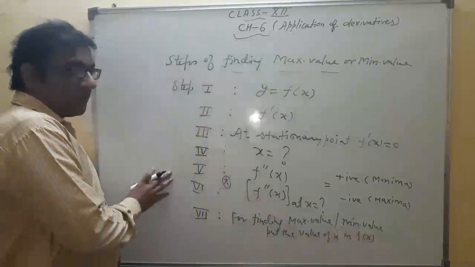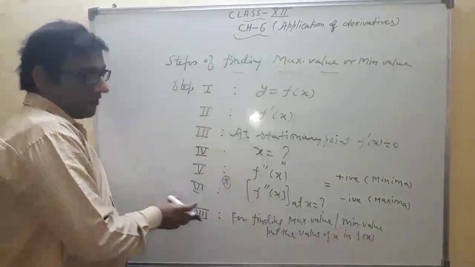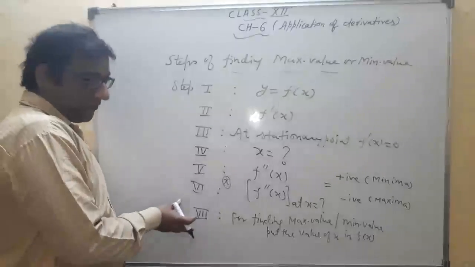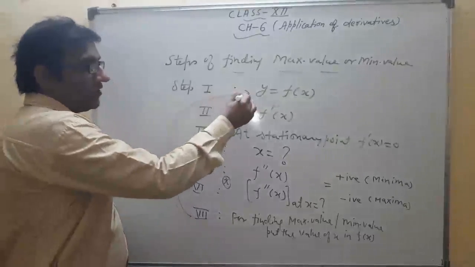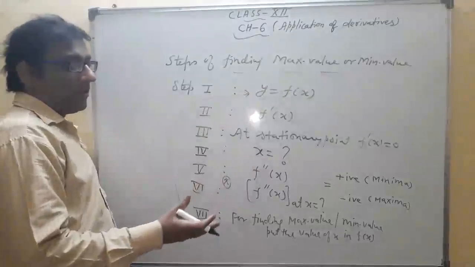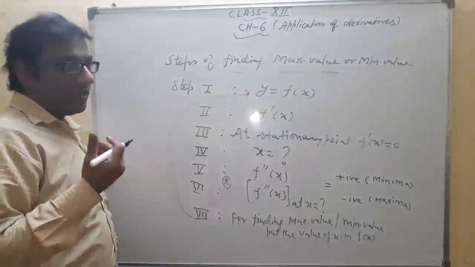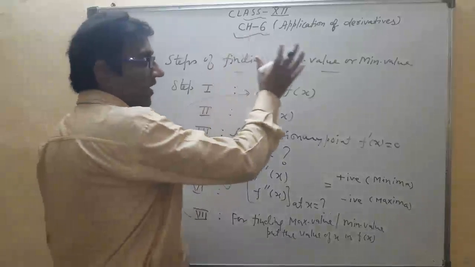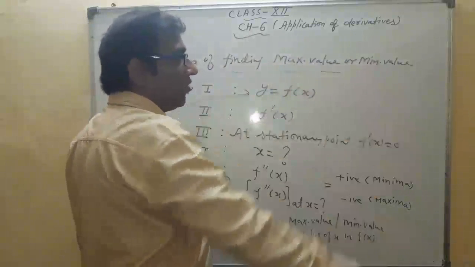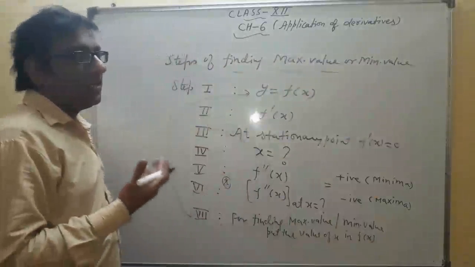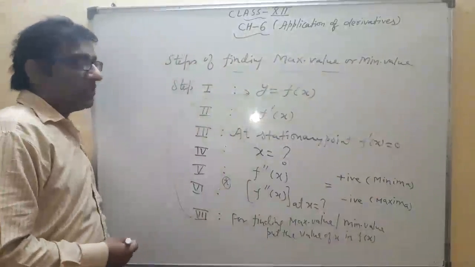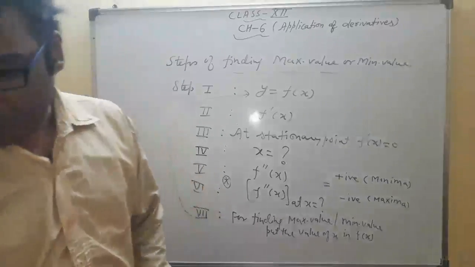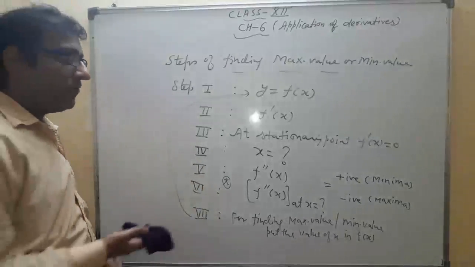So first we calculate maximum or minima for a particular value of x, and after calculating the value of x, we will put that value of x in the given function, and then we will say yes, it is the maximum value or minimum value. So these are the steps for finding the maximum value or minimum value of a given function. With the help of these steps, we will continue with some questions related to our exercise 6.5.